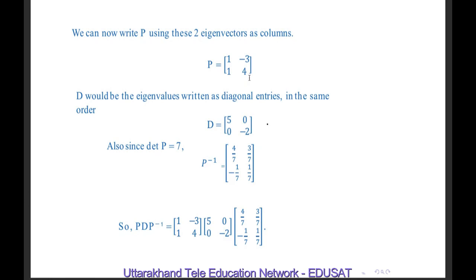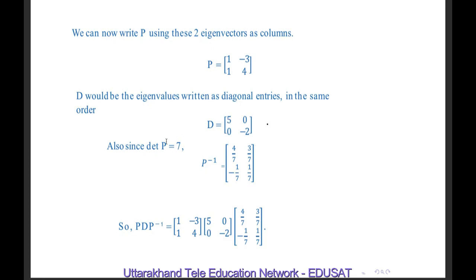Now the diagonal matrix D will be equal to [5, 0; 0, minus 2], because 5 and minus 2 are the eigenvalues and other elements will be 0. So I have written the eigenvalues on the diagonal in the same order.